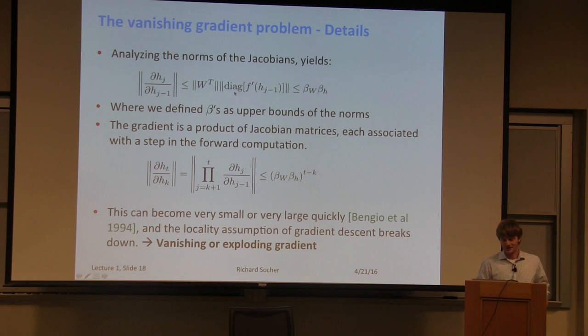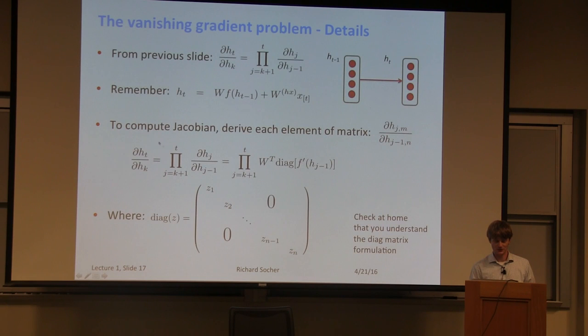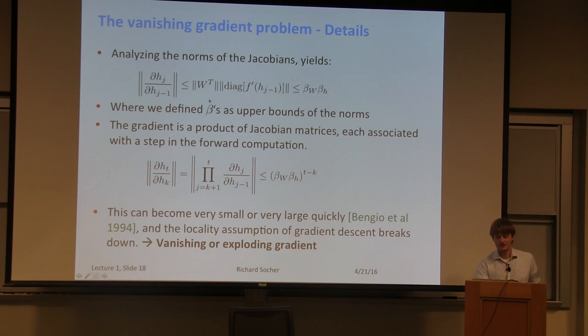Now let's look at basically the norms of this Jacobian. So we defined, again, the final solution here was basically this equals this. Now let's look at each of these elements. Basically here we can define the upper bound of these norms as the norms multiplied with each other.